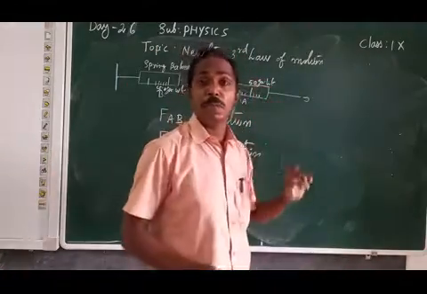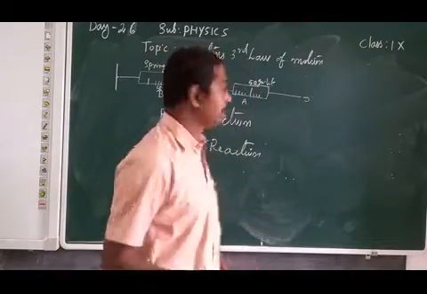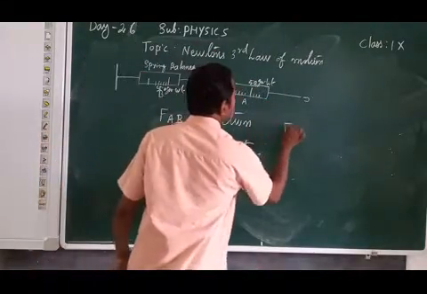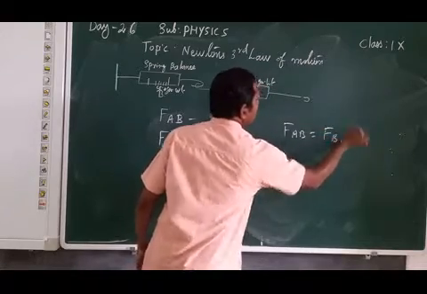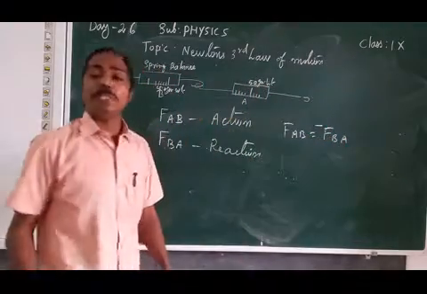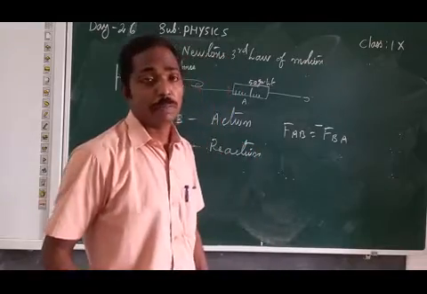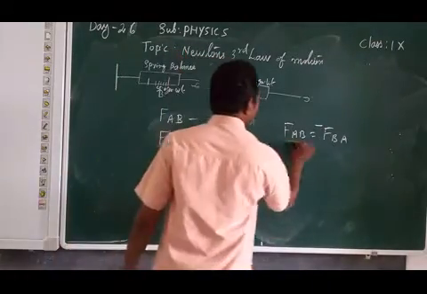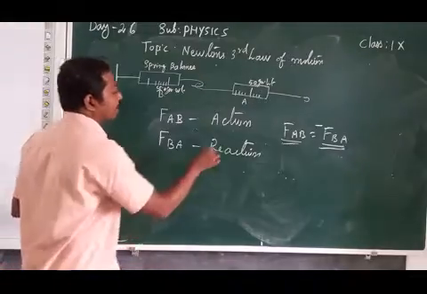Equal forces in magnitude, but they act in opposite direction. F AB equals F BA in magnitude, but they are acting in opposite direction. So we can write F AB equal to minus F BA. This is action. This is reaction.